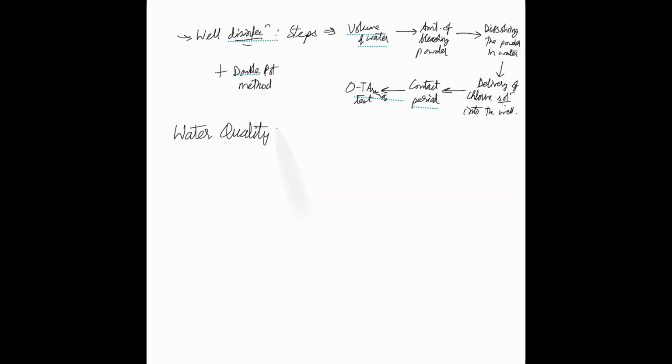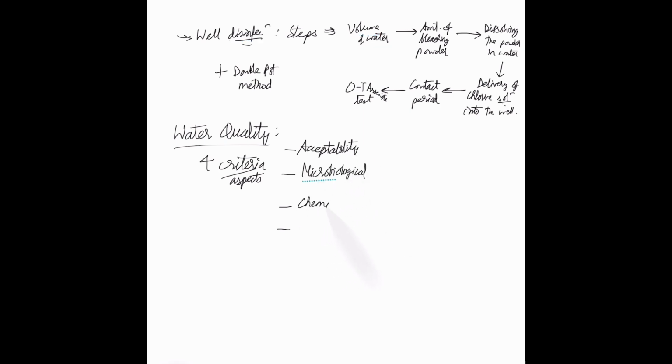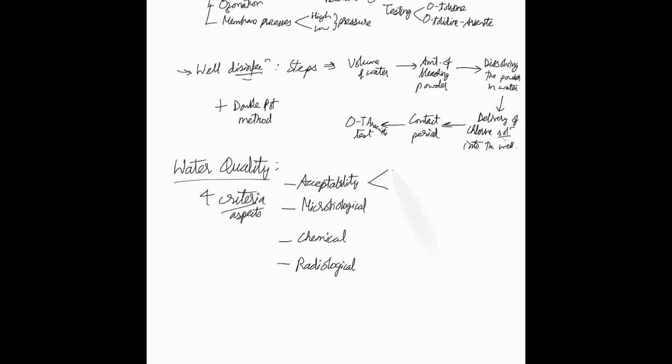Now, proceeding to water quality, there are 4 important criteria aspects of good quality of water. Firstly, we have acceptability, microbiological, chemical, and radiological aspects. So, under acceptability, we have physical constituents and inorganic constituents.